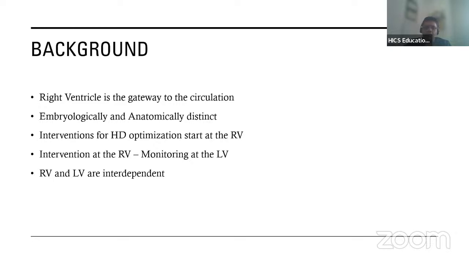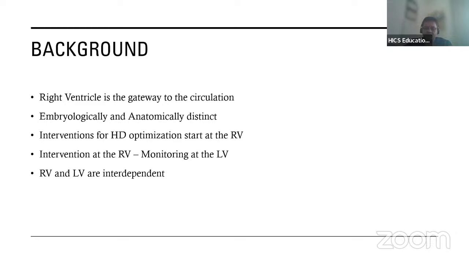As I've said before, interventions for hemodynamic optimization start at the right ventricle. Previously, we used to measure CVP to ensure that the patient's volume status is good as a measure of hemodynamic optimization, and that is a true measure of right ventricular preload. Intervention at the right ventricle is the one that is most commonly done.